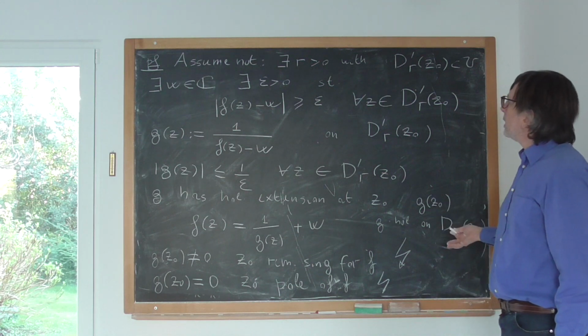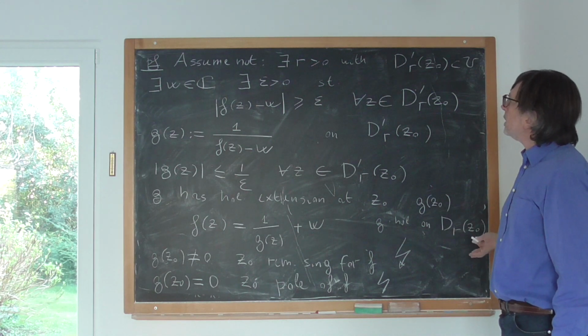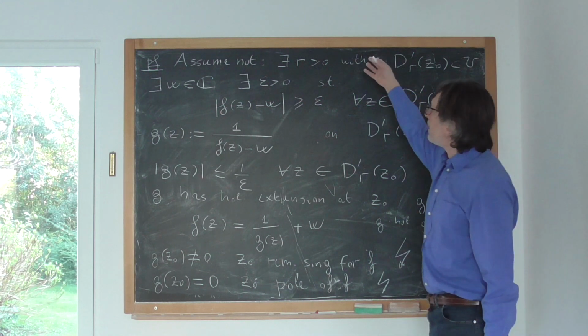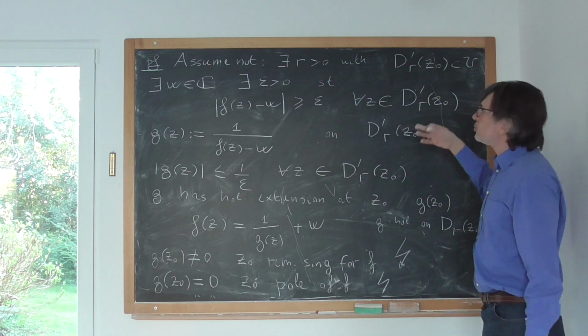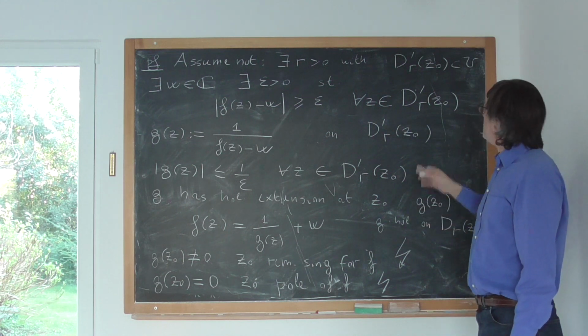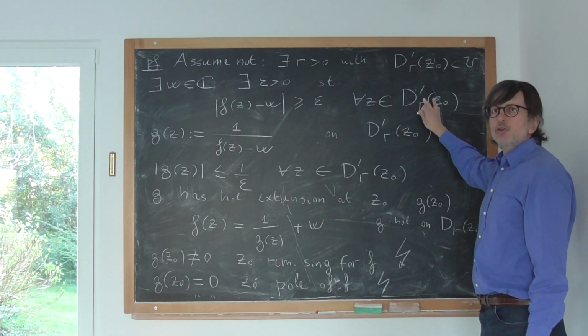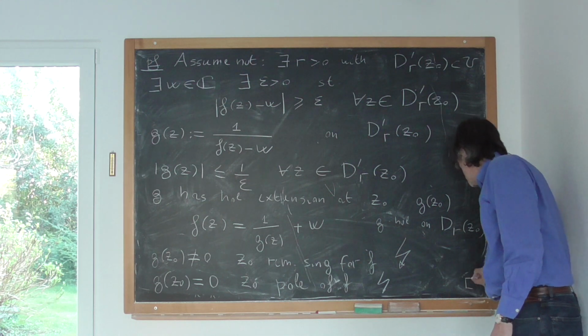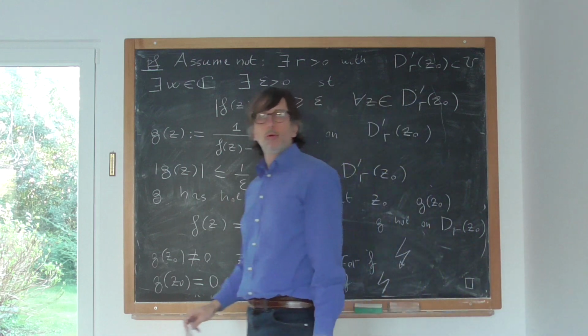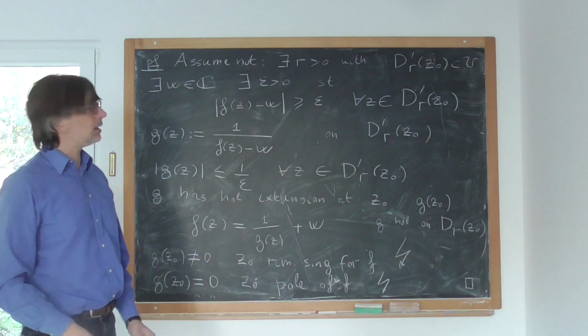So the conclusion is that our assumption by contradiction was wrong, and so the image of this punctured disk is actually dense in C. Okay? So this concludes the proof of the Casorati-Weierstrass theorem.